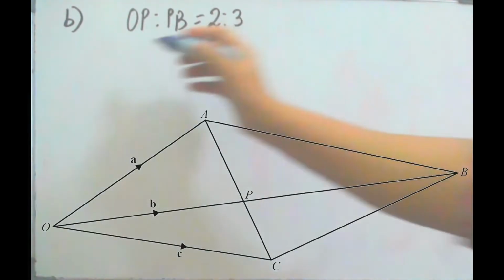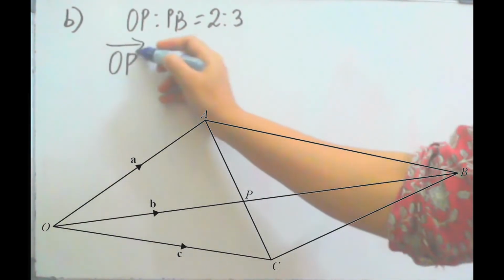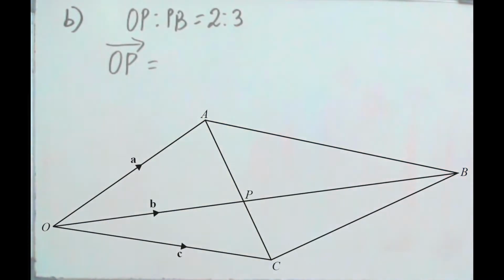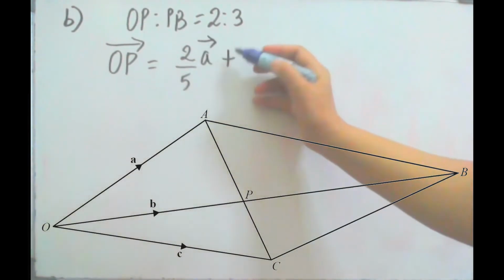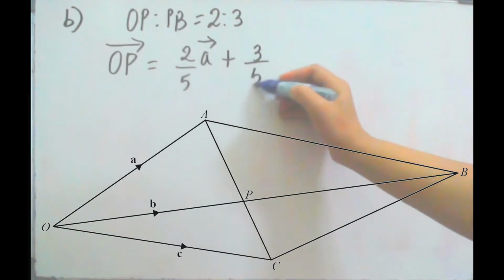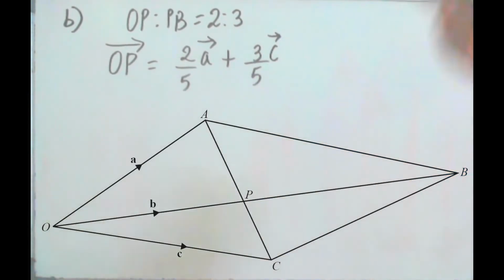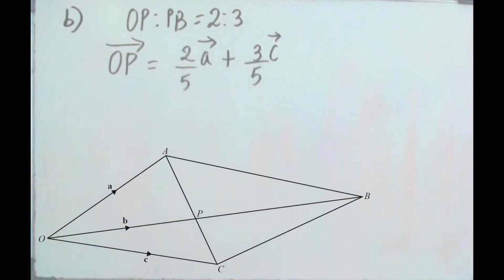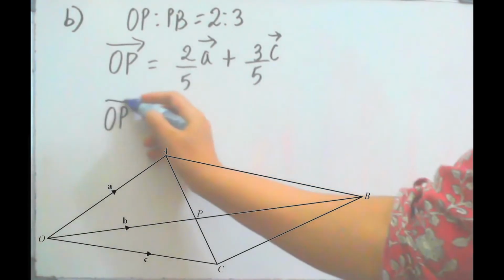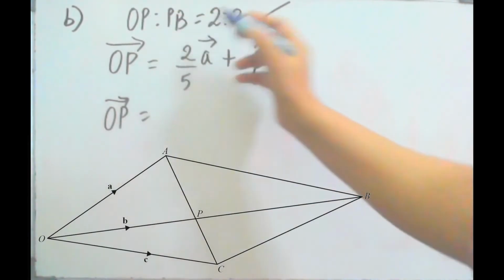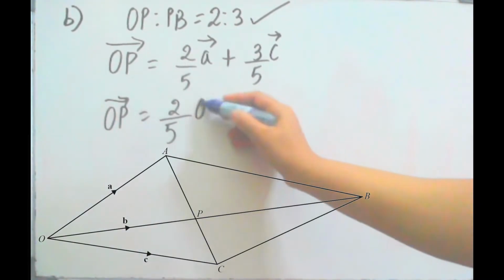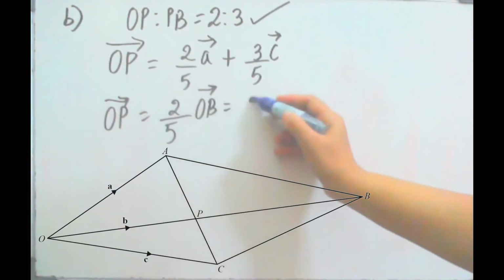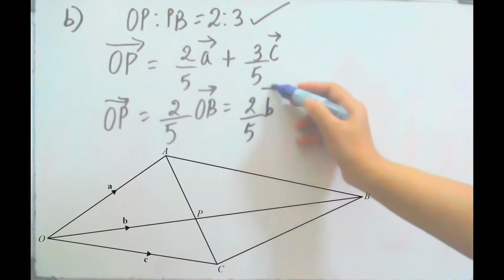Alright, so let us start with the expression that we got. In the previous part we got OP as 2 over 5 into A vector plus 3 over 5 into C vector. This is what we got from part A. Now, from this data, OP can also be 2 over 5 parts of OB, which is 2 over 5 of B vector.